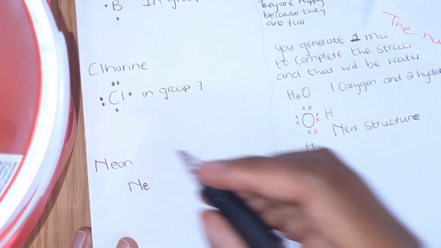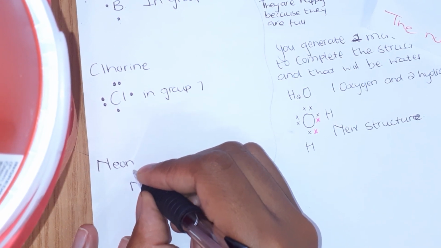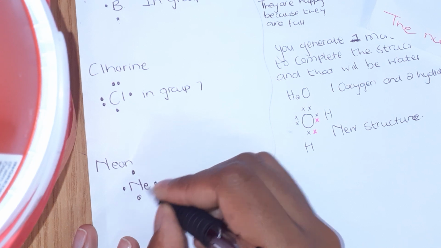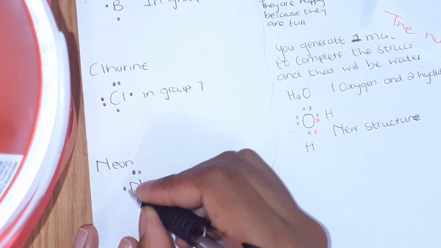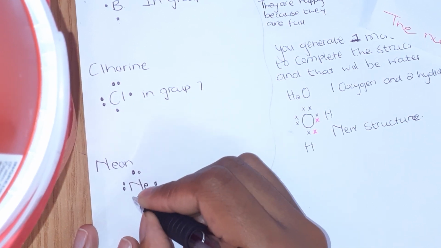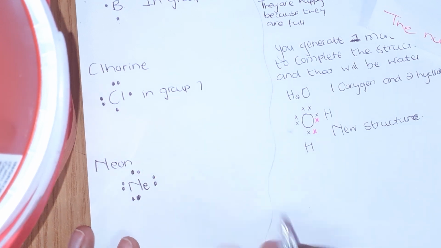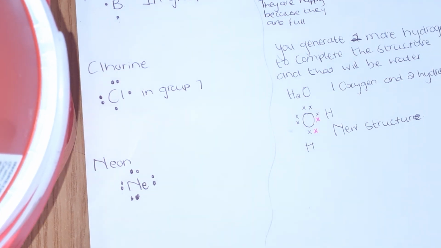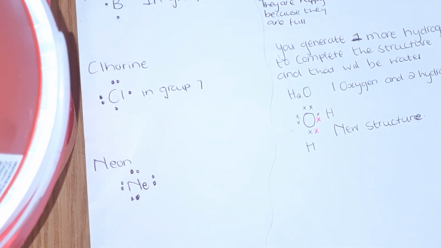So neon is fully surrounded: 1, 2, 3, 4, 5, 6, 7 and 8. Neon is very happy. Now the next thing we are going to do is bonding electrons.